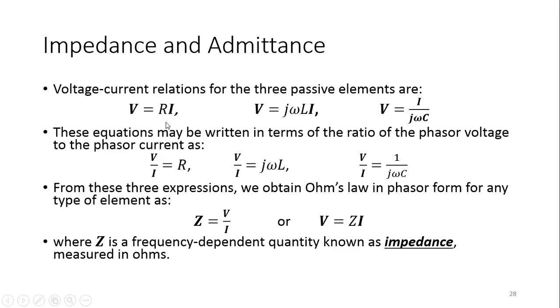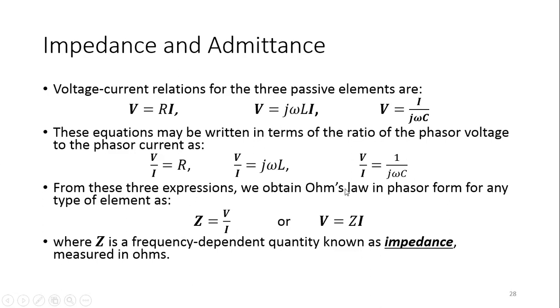What we have to look at here is that the voltage and current ratio is R for a resistor. For an inductor it is j omega L. For a capacitor it is 1 upon j omega C, or minus j upon omega C, as it can also be written. From these expressions, what we deduce is that V upon I can be R, or j omega L, or 1 upon j omega C, and as a combination we use the term Z for this.